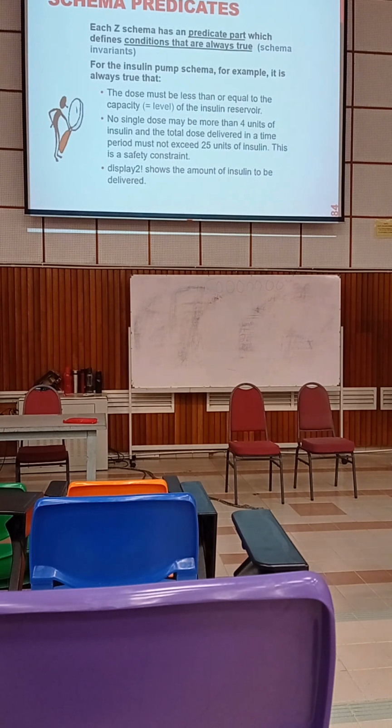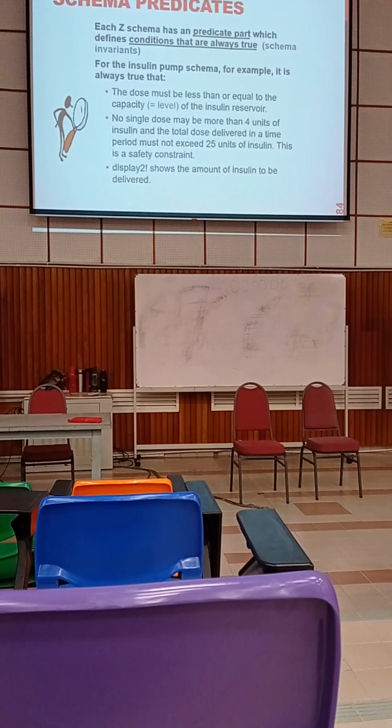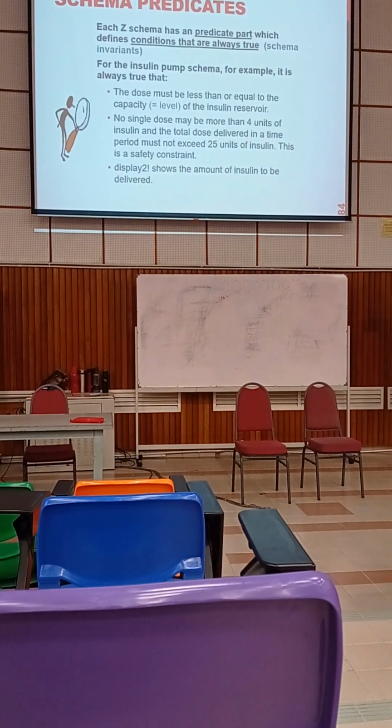This is all medical condition. Of course, we don't know when we develop such a system, right? We have to refer to doctors or medical experts to come up with all these requirements. So when you are working in a different domain, you need to have the domain knowledge. Correct or not? We discussed this last time, right? So in the medical domain, we need medical expertise. Okay. So these are the examples.